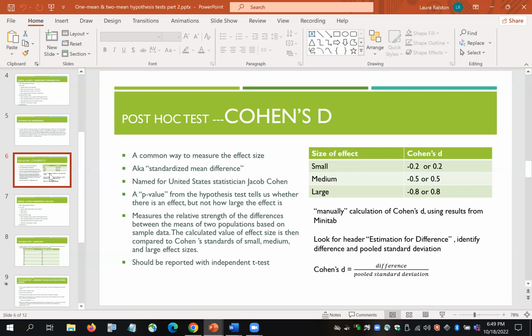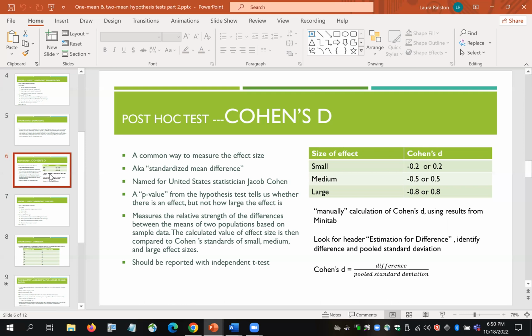And so Cohen's d, which is a post hoc test, is always reported whenever you do a two-mean independent t-test. It gives us a quantity of the strength of the differences between the means of the two populations.